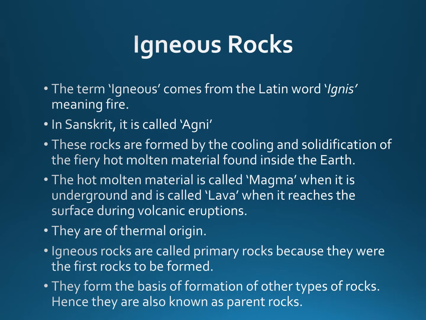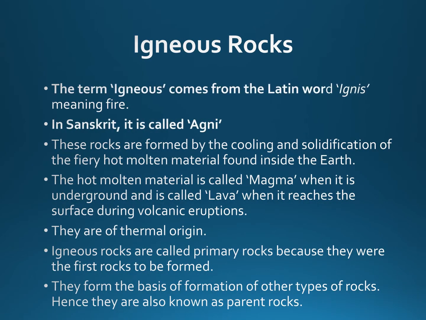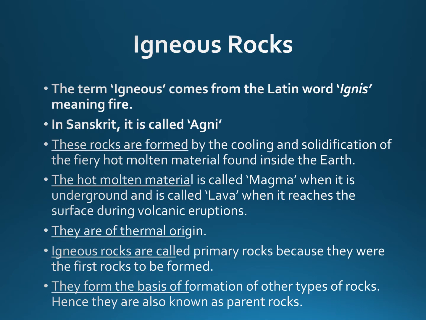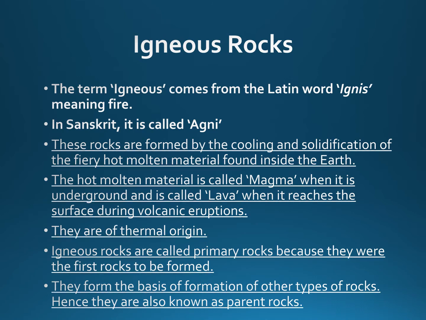Igneous rocks. The term igneous comes from the Latin word ignis, meaning fire. In Sanskrit, it is called Agni. These rocks are formed by the cooling and solidification of the very hot molten material found inside the earth.